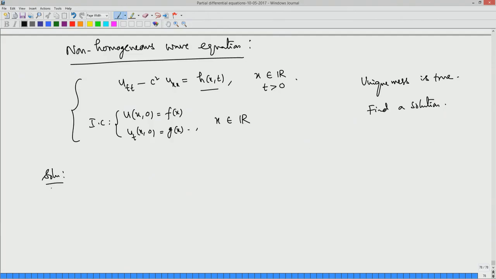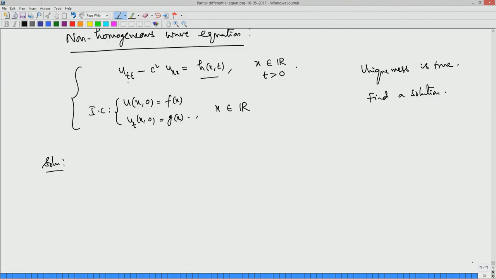What we do is consider this as a partial differential equation and find the general solution. We make use of the classification, so try to find the normal form for this wave equation.